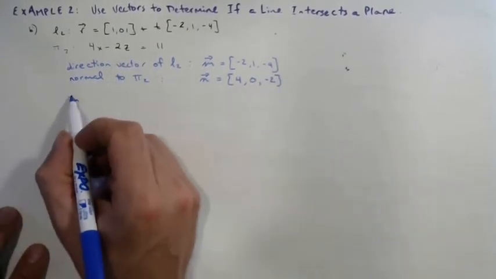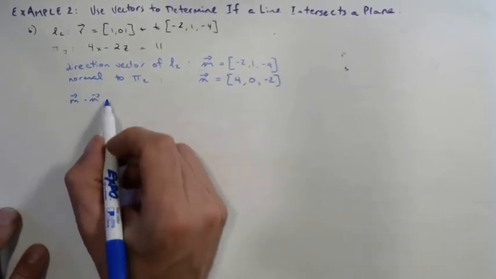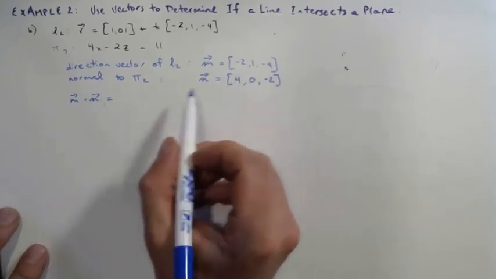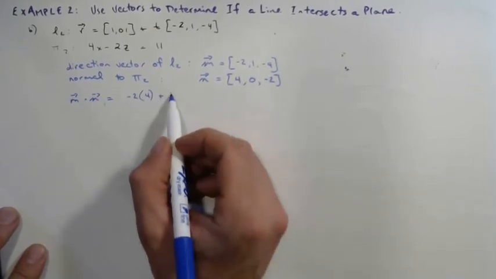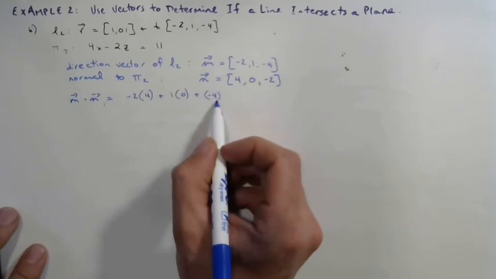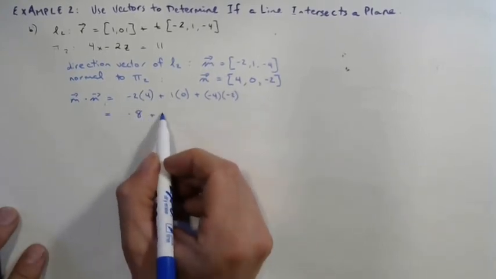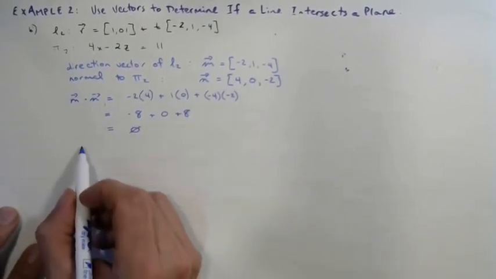Now we're going to take m dot n, which is negative 2 times 4 plus 1 times 0 plus negative 4 times negative 2. That's negative 8 plus 0 plus 8. That's 0.